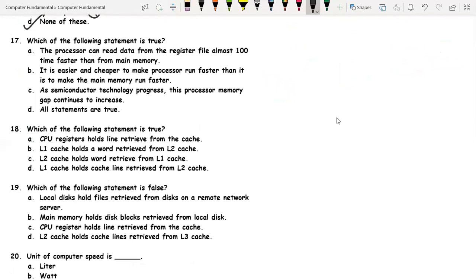Number 17. Which of the following statements is true?